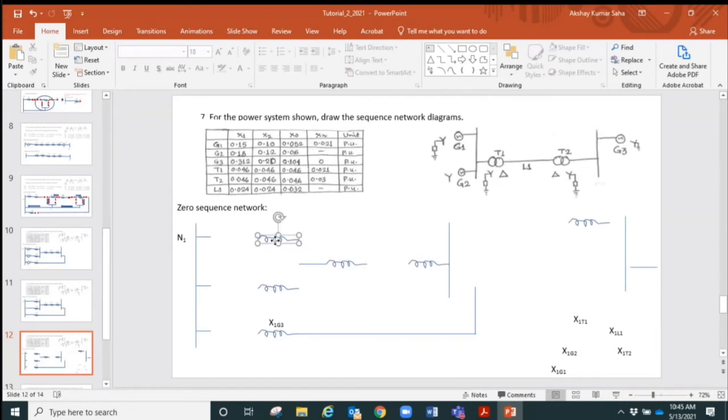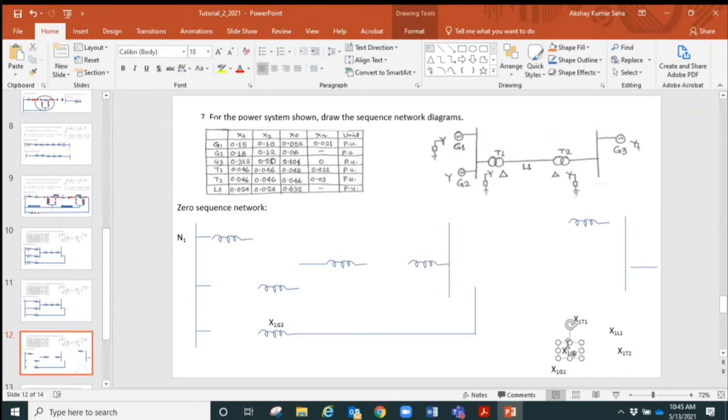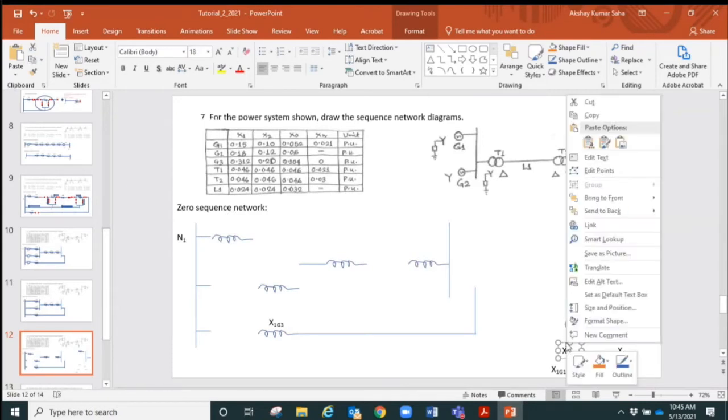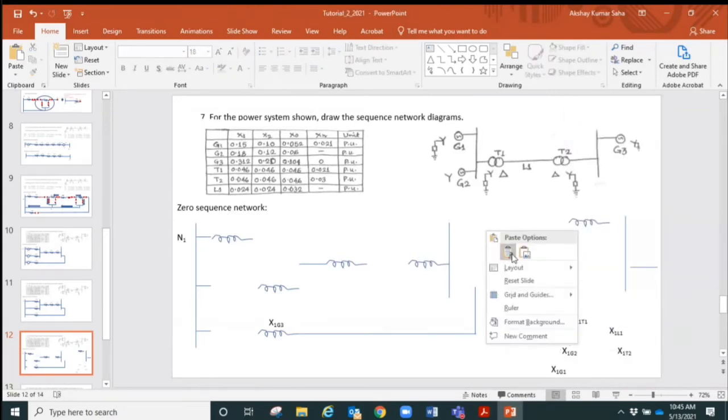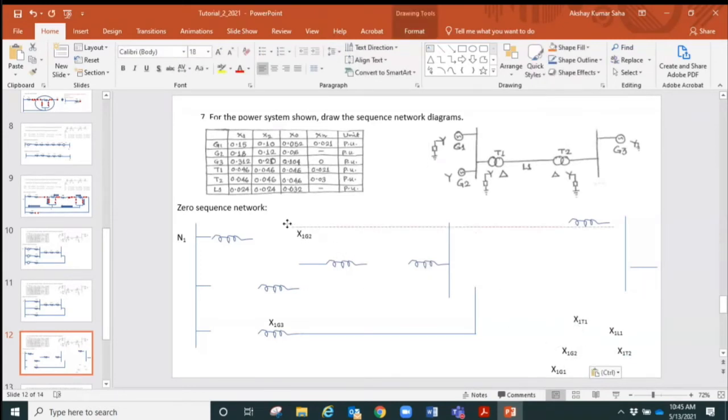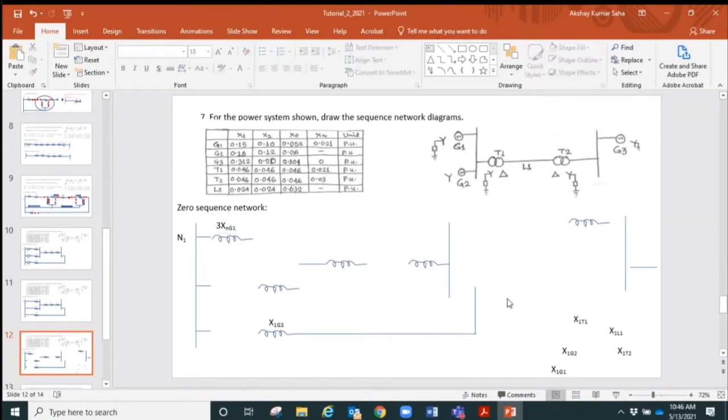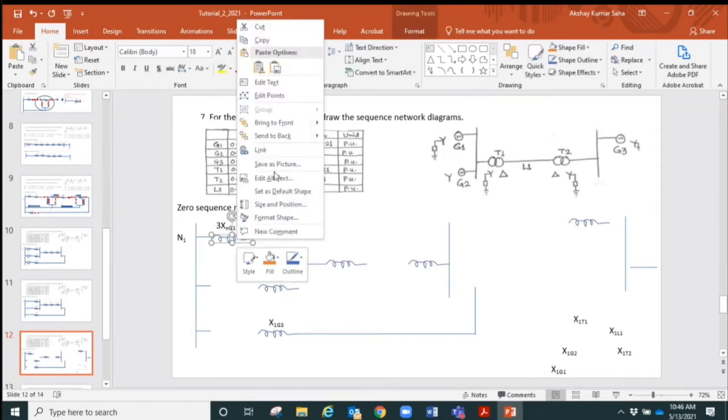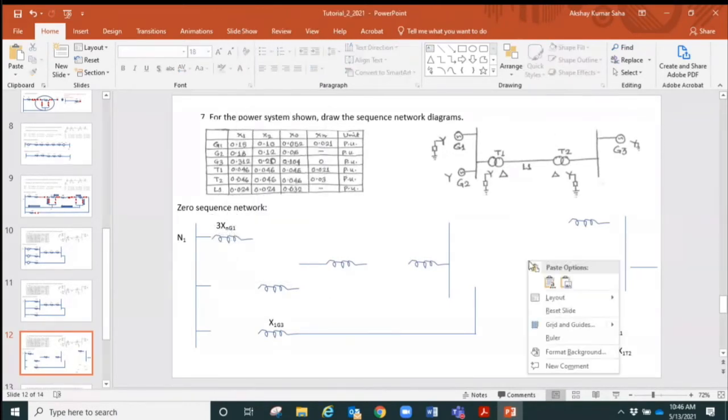So first we need to show that, and then label it with its value, which will be 3 times the Xn of generator 1. Then we need to have its own zero sequence reactance.